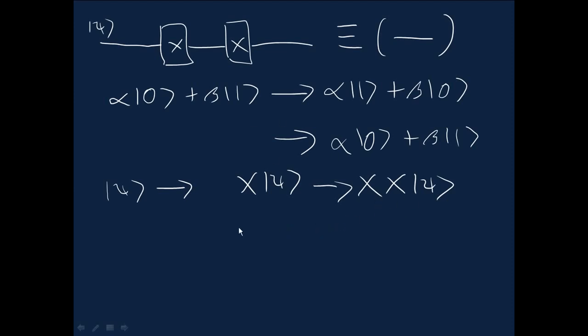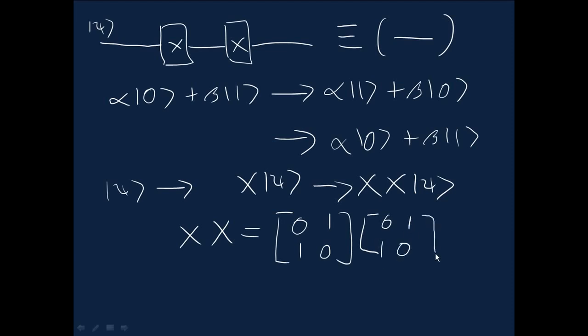And so if we want to understand the effect of the circuit, then we can just compute what happens when we use the matrix X twice, when we multiply it by itself. So 0, 1, 1, 0 times 0, 1, 1, 0.